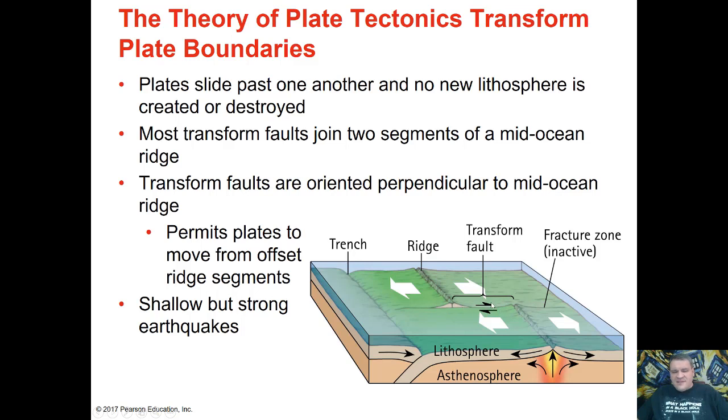Well, along that transition, we're going to be getting a transform fault. Some of the crust is going to be moving one direction, some of the crust is moving the other direction, so along that middle portion, we actually get a transform fault. So these often lead to shallow but very strong earthquakes.